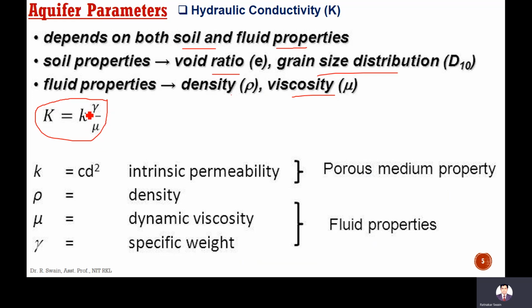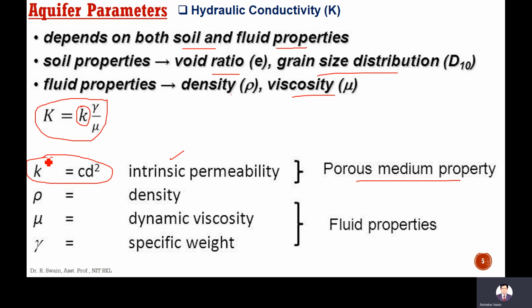Here the small k is the intrinsic permeability, which is nothing but the permeability that we always talk about. Why is it called intrinsic? Because it depends only upon the porous medium, the soil property only. This intrinsic property, k, is C D square.